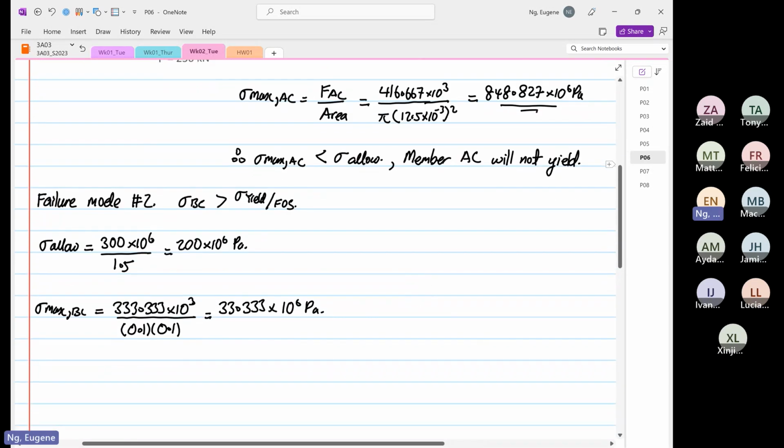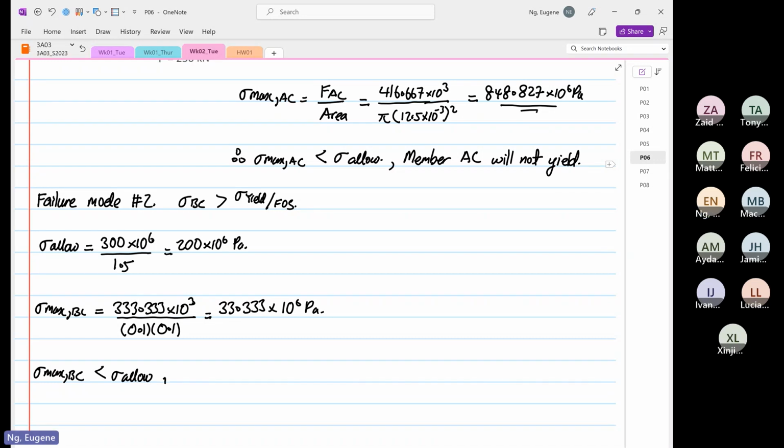So again, we found that the stress max of BC is less than the stress allowable. Okay, so member BC will not yield. All these are straightforward.